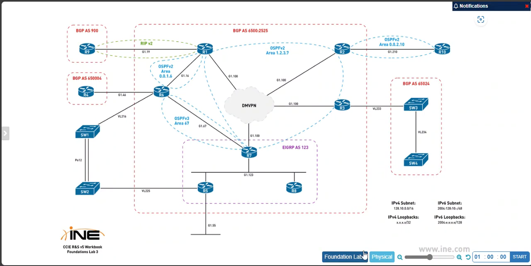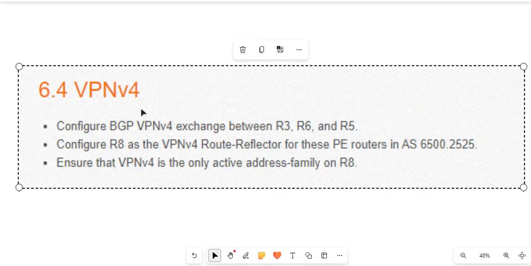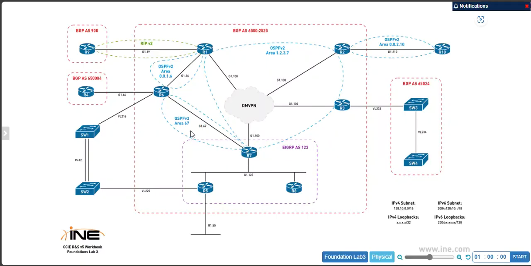What should we do here? Okay, configure BGP VPNv4 exchange between 3, 6, and 5.